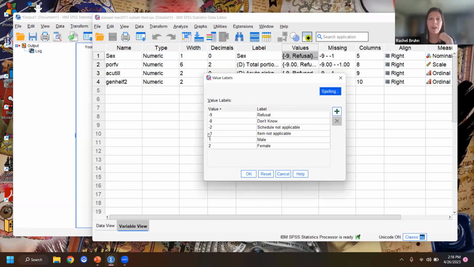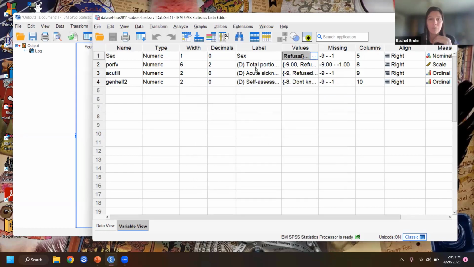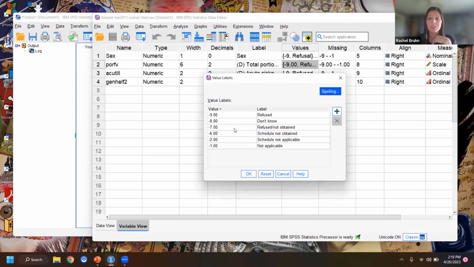All of these negative values would apply to participants that maybe refused to respond or indicated that they didn't know, things like that. So these would be considered like missing values or unknown values, and they give us that information in here as well. For our portions of fruits and vegetables, this applies only to the missing values. So this is how they handled any missing data.